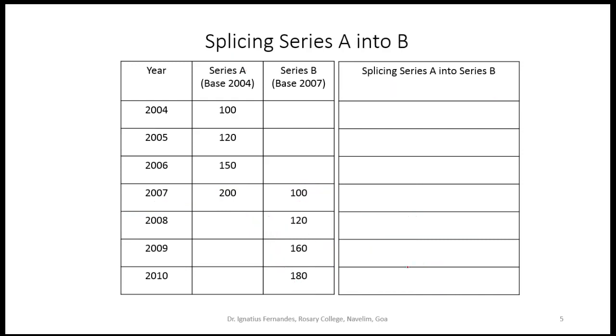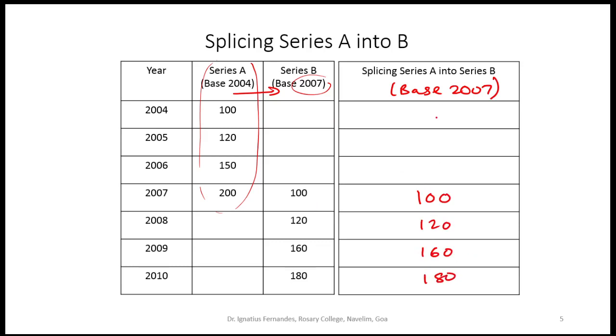The same way, let us say I want to splice A into B. So now I want to splice A into B. So I want to convert this series with base 2004 into the series with base 2007. So when I splice A into B, all the index numbers will be with base 2007. So now these index numbers will remain the same, 100, 120, 160, 180, they are all with base 2007, so they will remain the same.